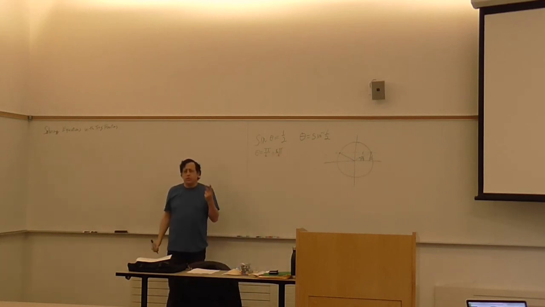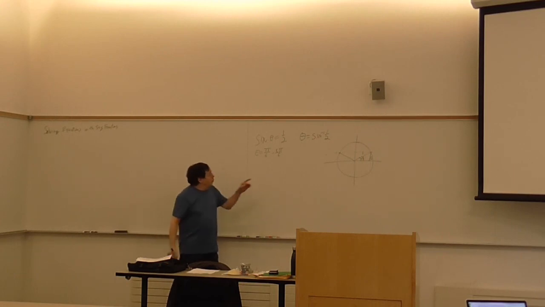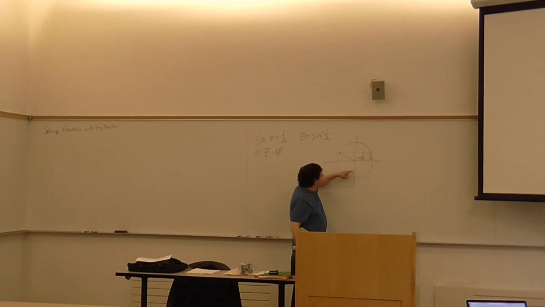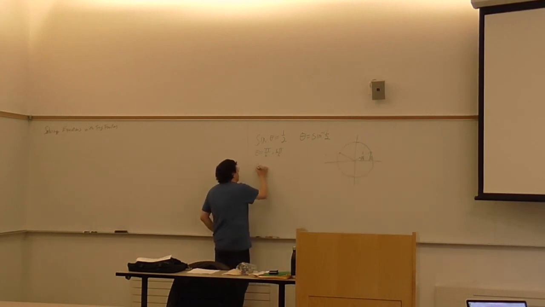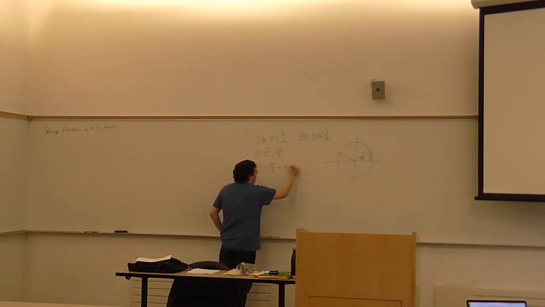Okay, so those are 2 solutions. But we reach each of these solutions every time we go around the circle. So really, we have theta is pi over 6 plus 2 pi n, and 5 pi over 6 plus 2 pi n.